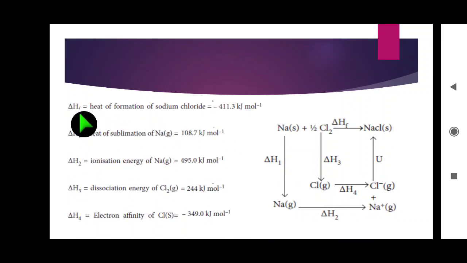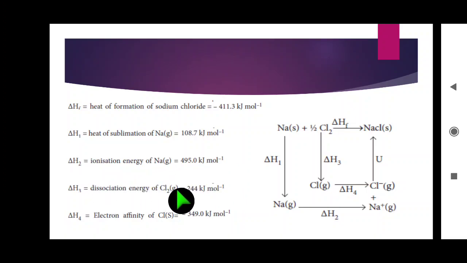Delta HF means the heat of formation of sodium chloride, with a value of minus 411.3 kilojoule per mole. Then delta H1, the heat of sublimation of sodium, is 108.7 kilojoule per mole. Delta H2, the ionization energy of sodium, is 495 kilojoule per mole.